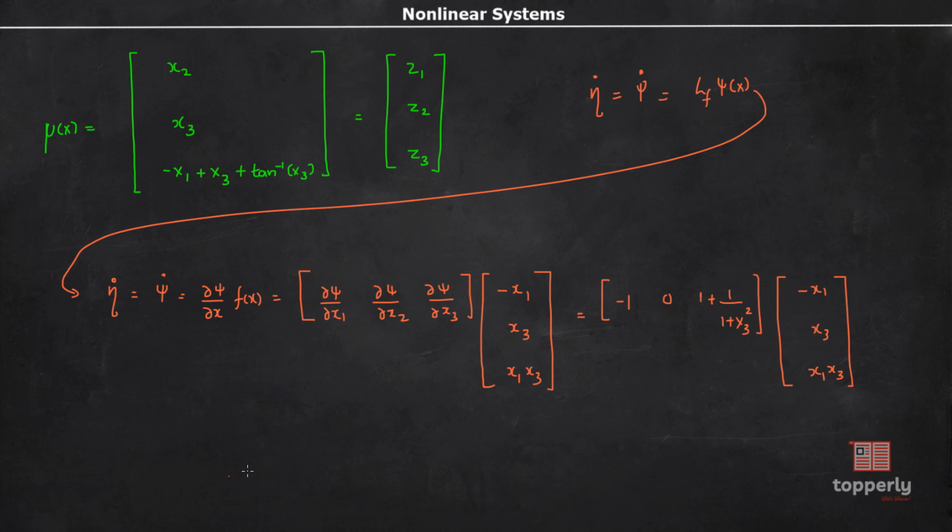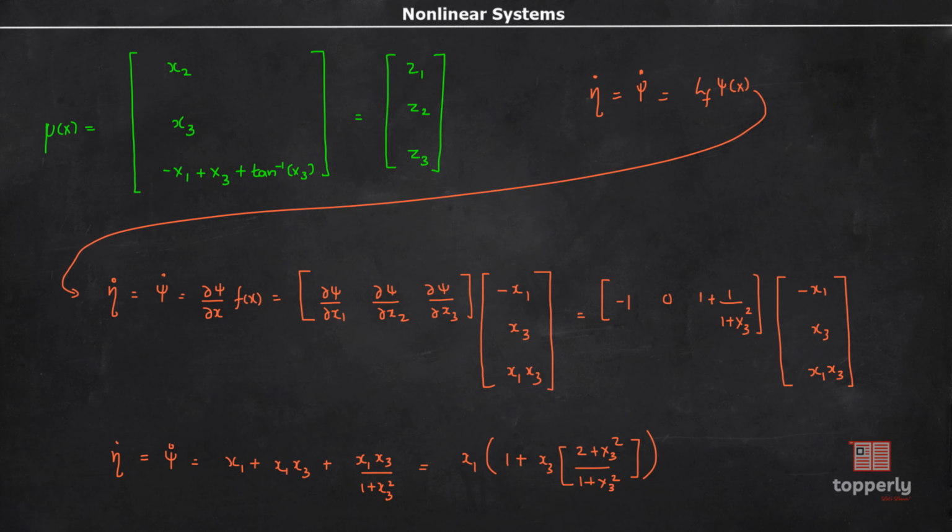Therefore, we get eta dot equal to psi dot equal to x1 plus x1 x3 plus x1 x3 by 1 plus x3 square, which is x1 into 1 plus x3 into 2 plus x3 square by 1 plus x3 square.